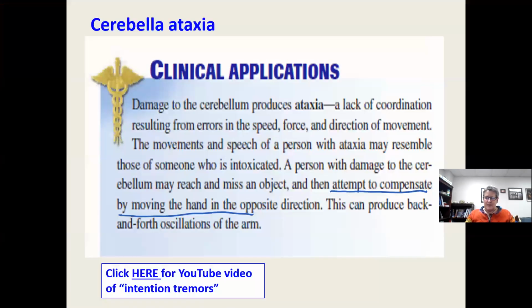All right. Now, often what you'll see in cerebellar ataxia, other than wobbliness, is what's called intention tremors. Now, what happens is at the end of a movement arc, like if I were to reach for this pen, and I had cerebellar hypoplasia, I'd reach for it, and as I got close to it, I'd miss my mark. I'd try and compensate and pull back and then go forward, and that's an intention tremor.